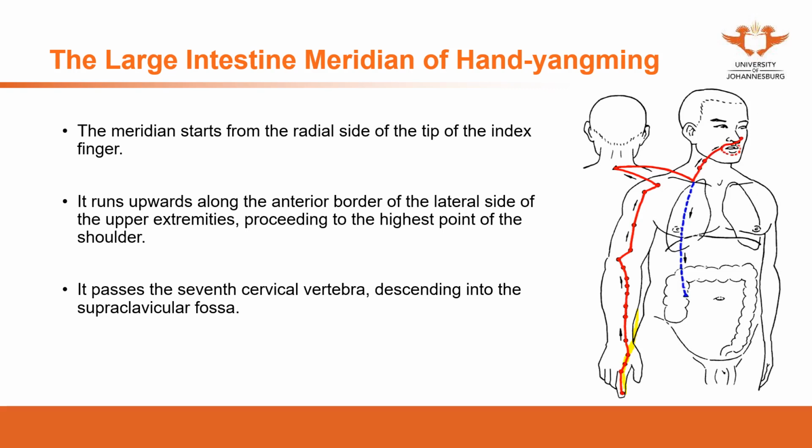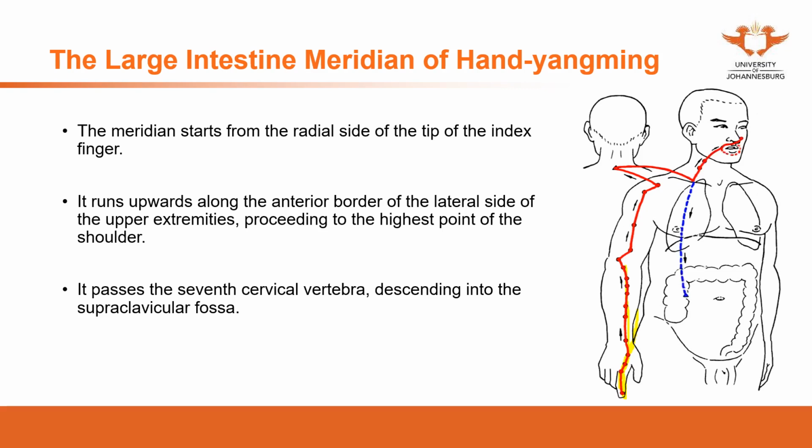And then here we're going to discuss the large intestine meridian. The meridian starts from the radial side of the tip of the index finger, and goes all the way up, running outwards along the anterior border of the lateral side of the upper extremities, proceeding to the highest point of the shoulder.